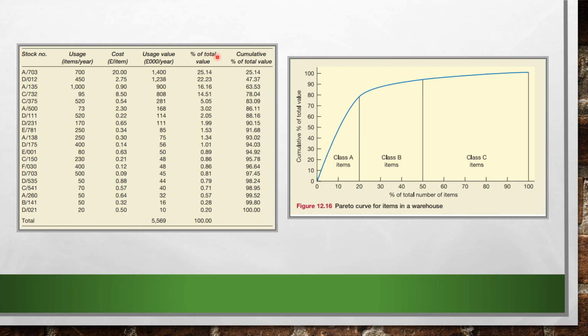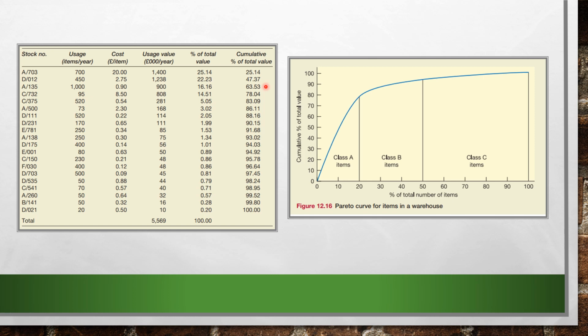This item, together with the next high value item, D012, so 2 over 20, accounts for only 10% of the number of items in stock, but look at their usage, a cumulative percentage of total value. It is 47.37% of the total inventory value.